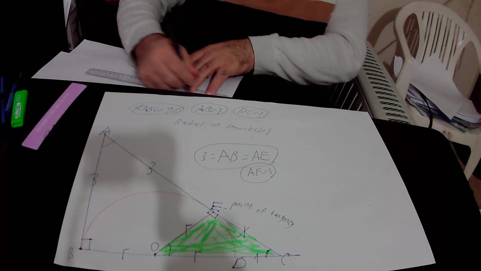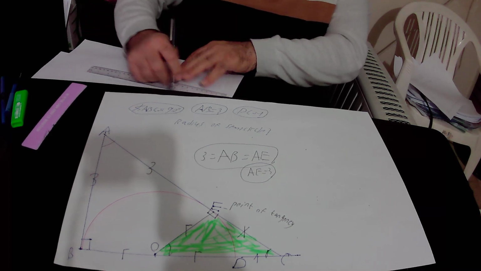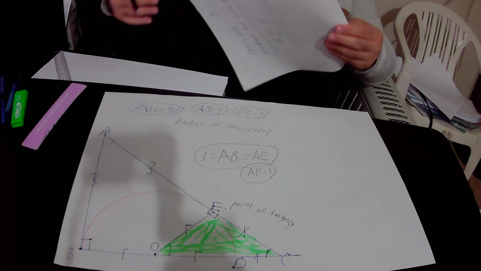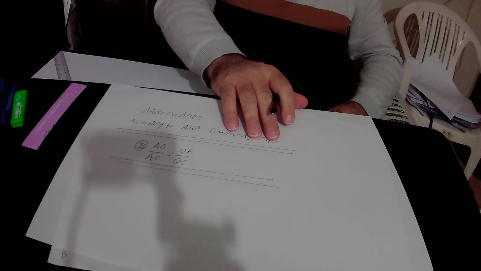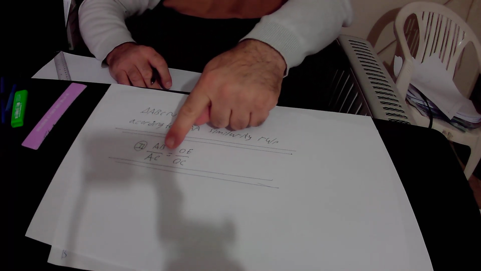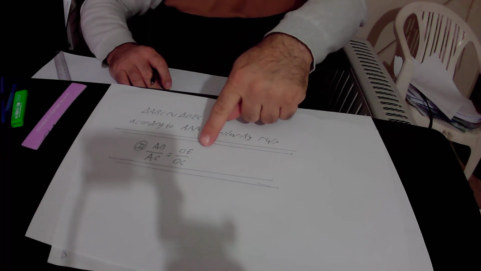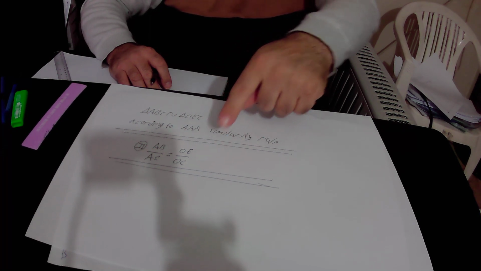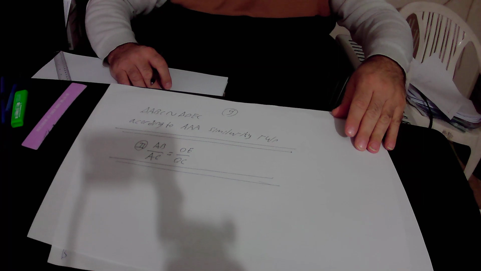So I will repeat again. From the fact that triangle ABC is similar to triangle OEC, we will conclude that AB over AC in triangle ABC equals OE over OC in the green triangle, triangle OEC.